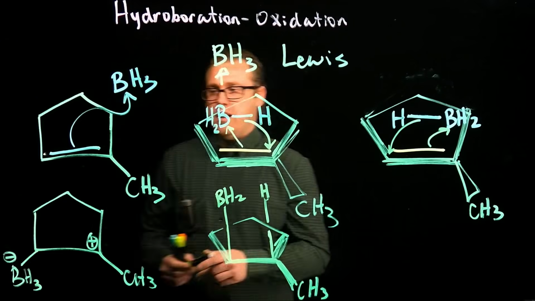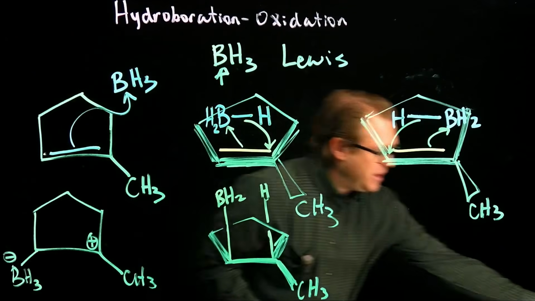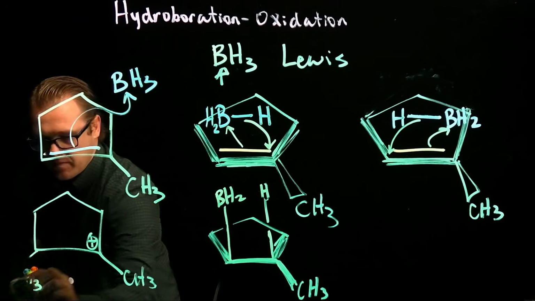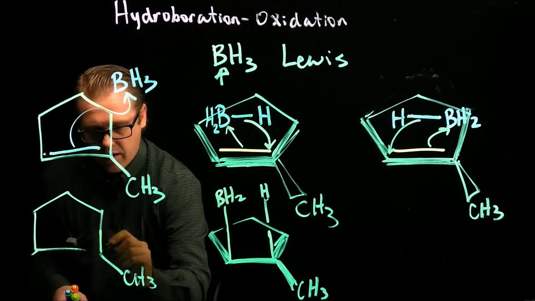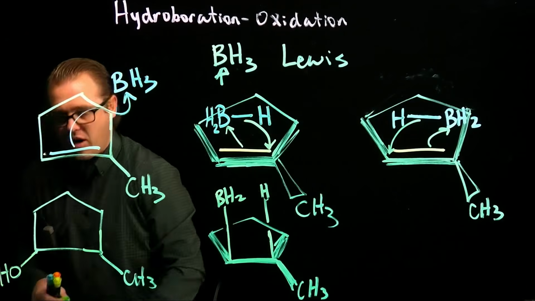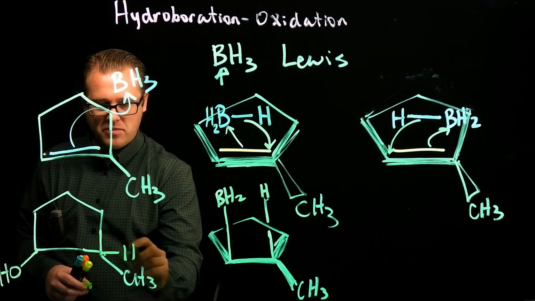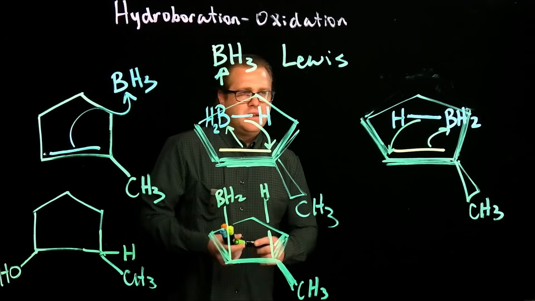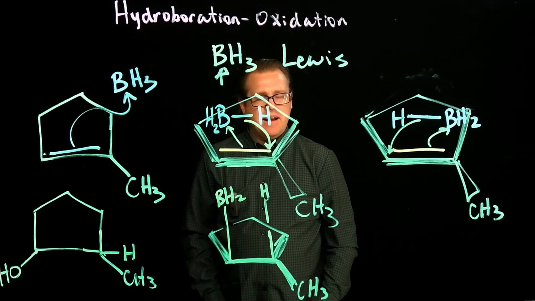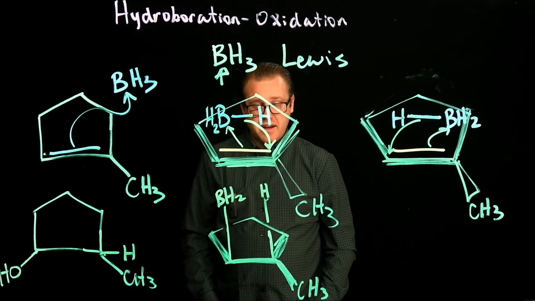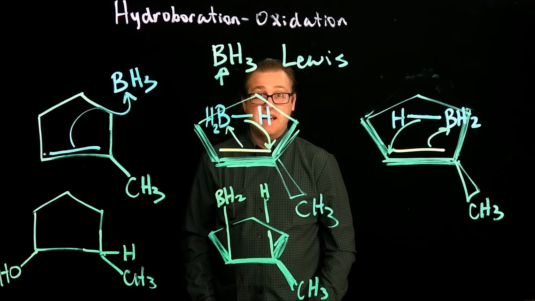If we did this reaction right here, what would our product ultimately be after we do steps 1 through 2? The alcohol would go on the less substituted side. It would be the anti-Markovnikov, and the hydrogen would be added there. In order to explain that, we can talk about it via electronics and sterics.